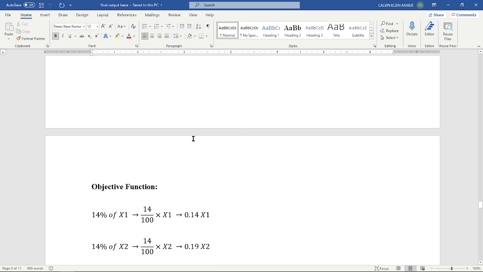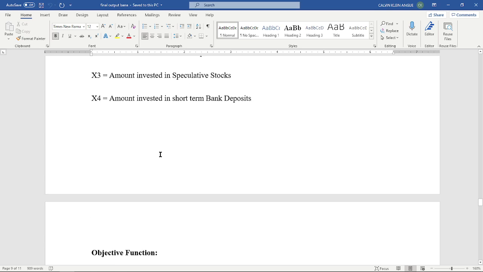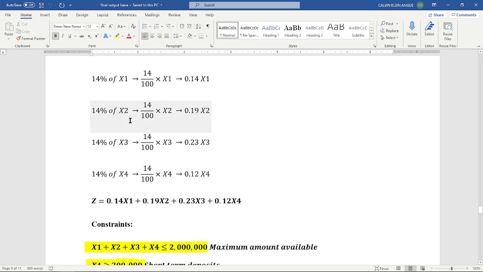So our objective function: 14% of x1, so it will be 14 divided by 100 times x1, which is 0.14 x1. It's the same for x2, x3, and x4.